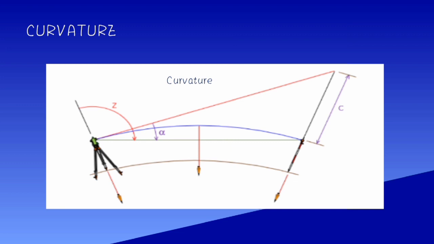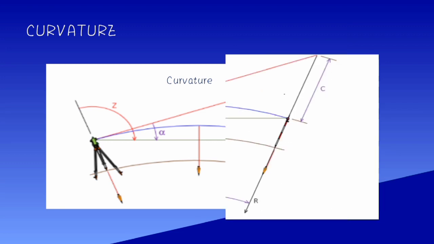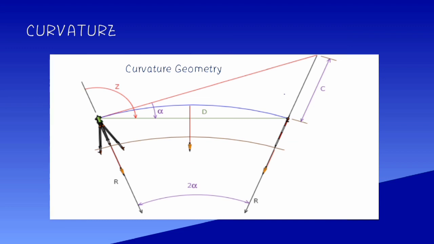Angle A is the zenith angle change due to the curvature, and distance C is the vertical distance caused by the curvature. Although the Earth is a complex surface, we can approximate it with a constant radius spheroid. That works fine unless we're doing global measurements, but that's beyond the scope of the material here.